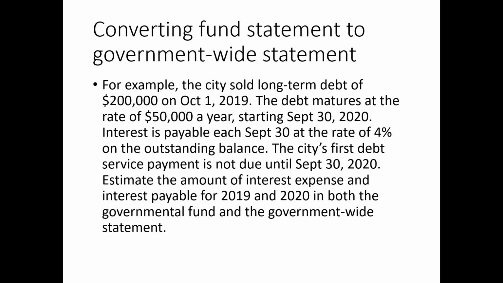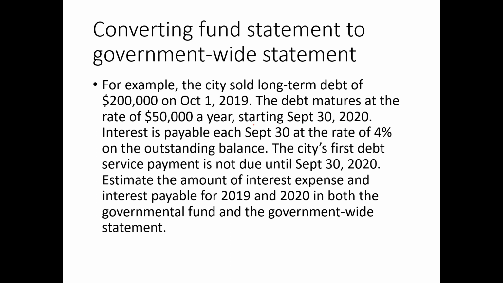Okay, so let's see another example. The city sold long-term debt of $200,000 on October 1st, 2019. The debt matures at a rate of $50,000 a year starting September 30th, 2020.